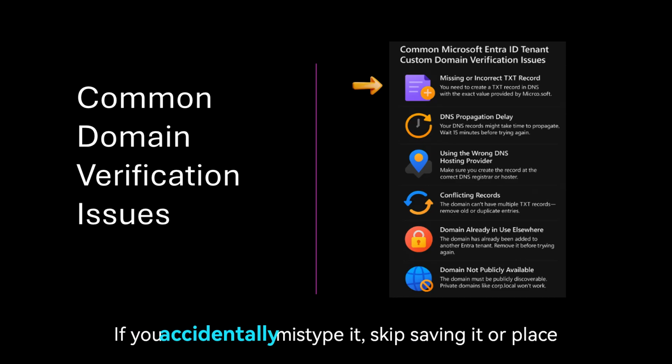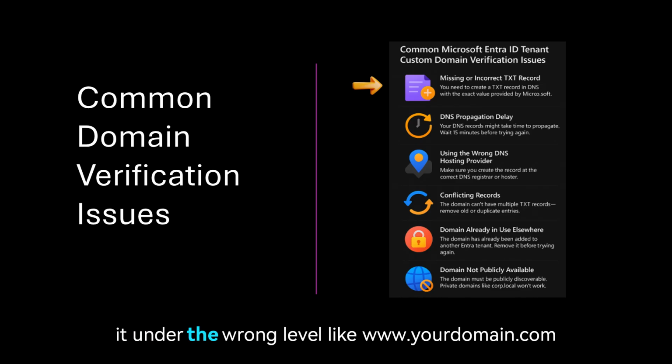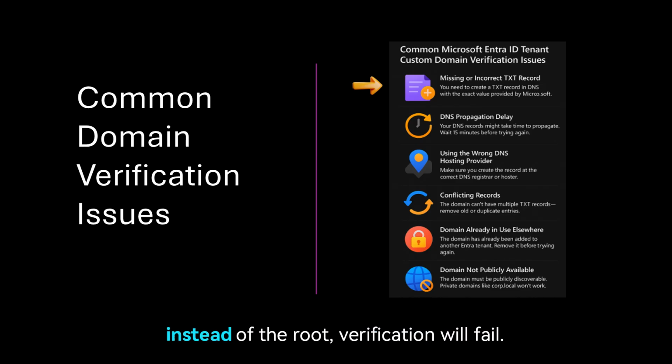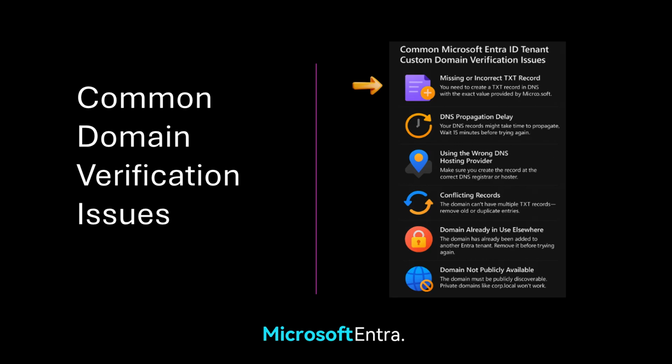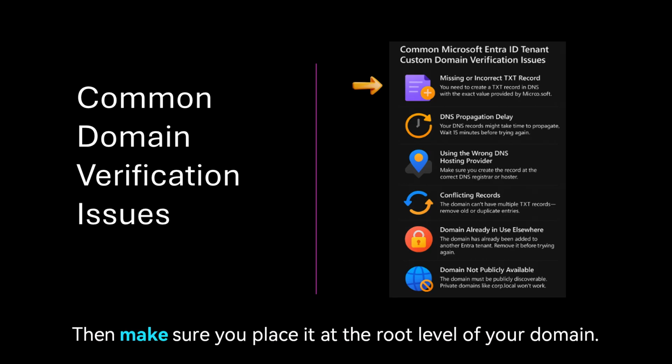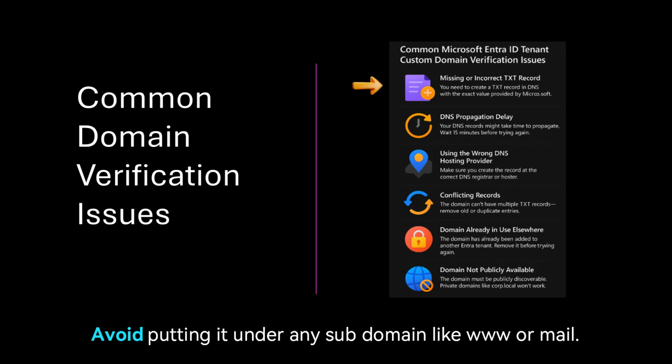If you accidentally mistype it, skip saving it, or place it under the wrong level, like www.yourdomain.com instead of the root, verification will fail. How to fix it? Carefully copy the exact TXT value provided by Microsoft Entra. Then, make sure you place it at the root level of your domain. Avoid putting it under any subdomain like www or mail.